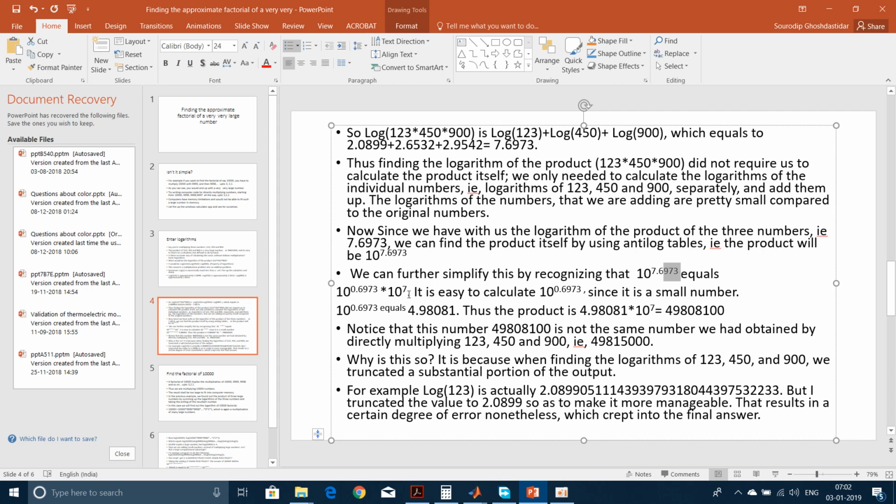Now, is that making sense? Because this is scientific notation. It's easy to calculate 10 to the power of 0.6973 since it's a very small number. 10 to the power of 1 is 10, so 10 to the power of 0.6973 would be a number between 1 and 10. 10 to the power of 0 is 1.